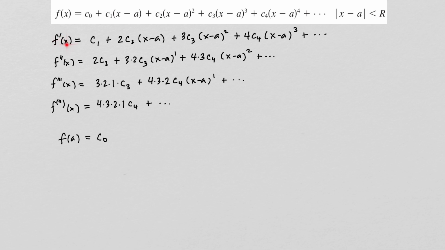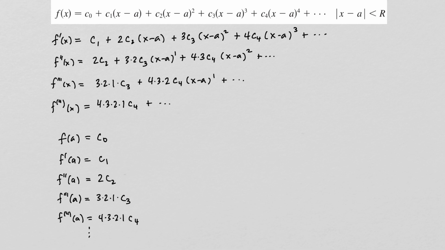F prime of a is going to be c1, because again, when you plug an a into here, all of these are going to cancel out. F double prime of a is going to be 2 times c2 for the same reason. The third derivative evaluated at a is going to be 3 times 2 times 1 times c3. And the fourth derivative evaluated at a is 4 times 3 times 2 times 1 times c4.